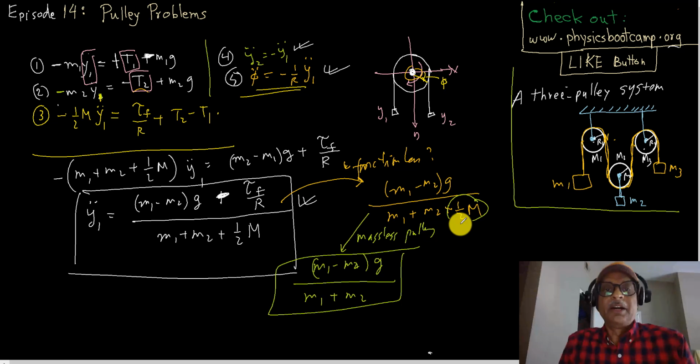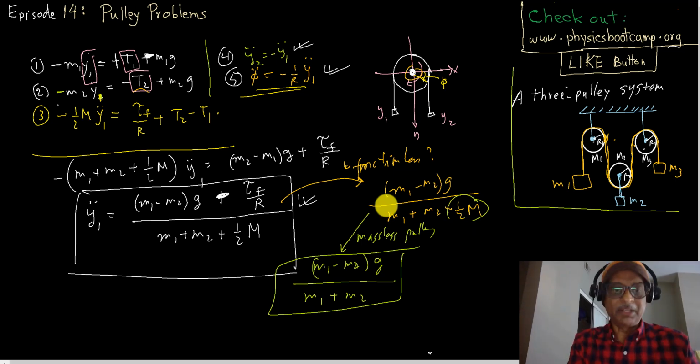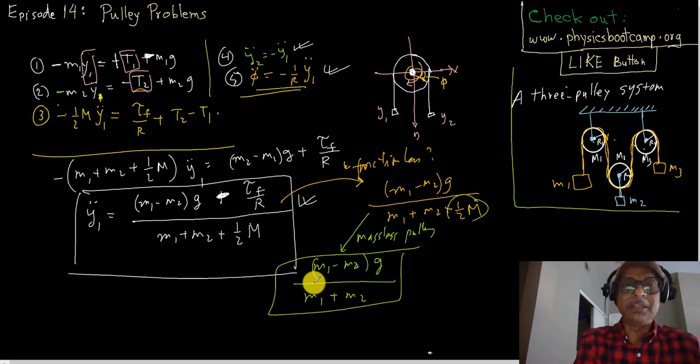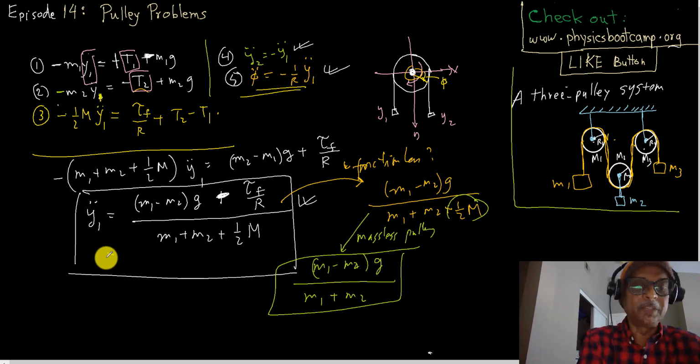Okay. Even when you don't have pulley mass, you can still see from here that this will be minus y2, and this will be equal to minus r phi double dot.